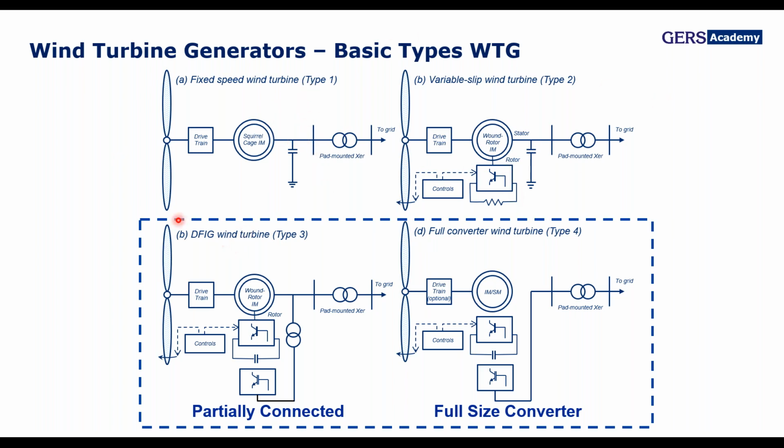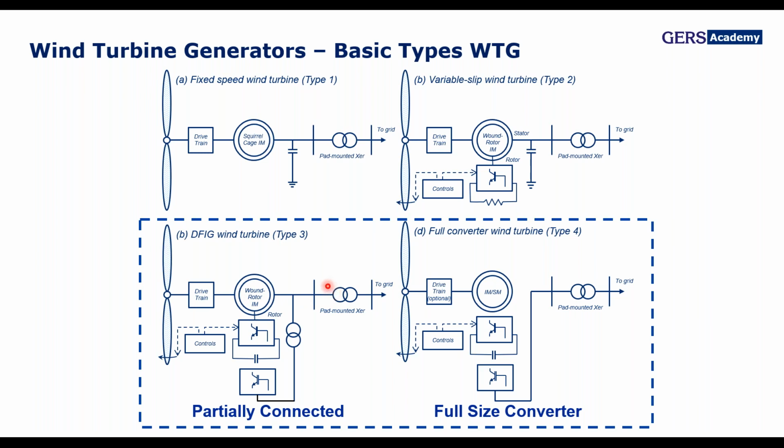But after some years of development and with the new technologies of power electronics, Type 3 and Type 4 wind turbines appear. Yes, the Type 3 was partially connected to the system. Basically, they provide some control on the rotor of the machine, and actually the stator was directly connected to the system.